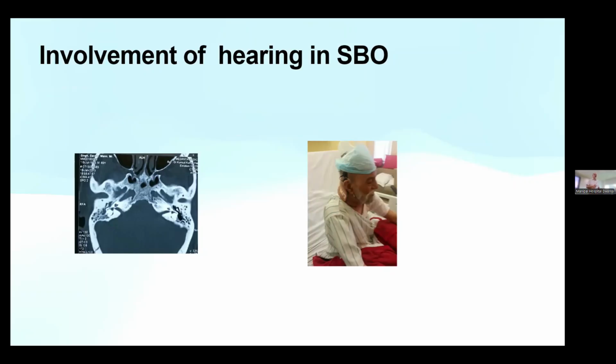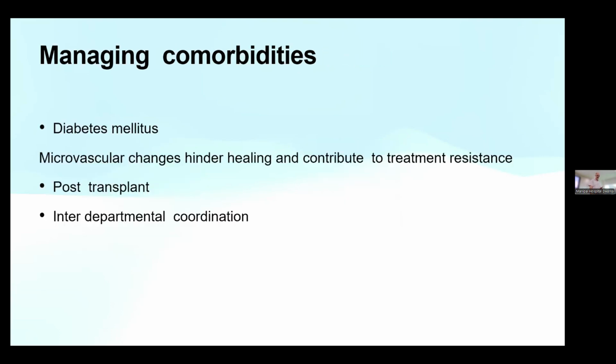We told him there is the option of a cochlear implant, but we waited for 2-3 months till we were sure the infection had subsided. Then with informed consent, we did an implant in him. He started hearing, and for about 7-8 years he was on regular follow-up and did really well. So the vestibulocochlear nerve can be affected in the later stage.